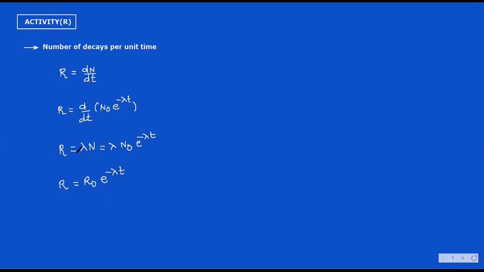So R is equal to lambda N, that is equal to lambda N naught e power minus lambda t. Okay, so if we take differentiation of this, we will get this, and this is lambda N. So if I assume that this is the R naught value, then R is equal to R naught e power minus lambda t, where R0 is equal to lambda into N naught.